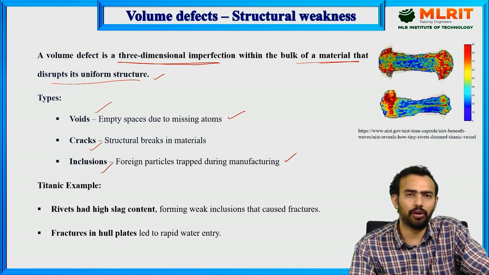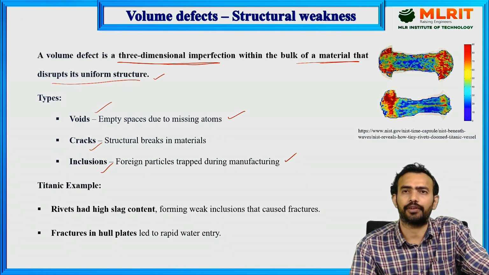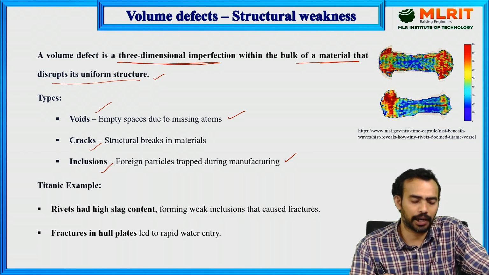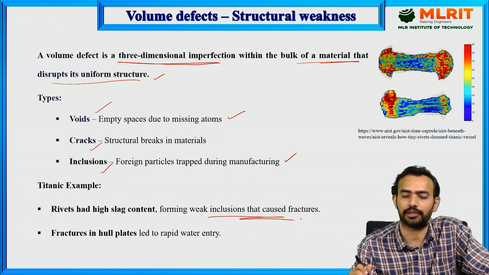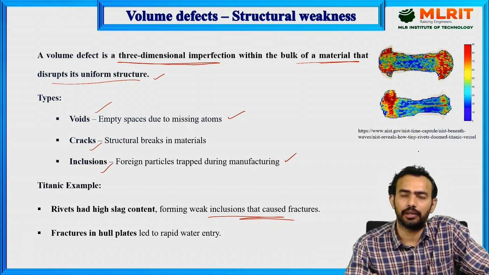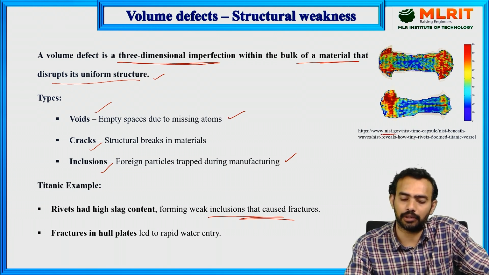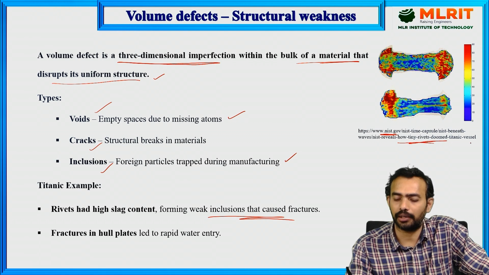If we recall our classic case study of the Titanic, we discussed that the rivets were observed with high slag content, which formed weak inclusions that caused the fracture. On the NIST website, the official website of the United States, they also mentioned how tiny rivets doomed the Titanic.